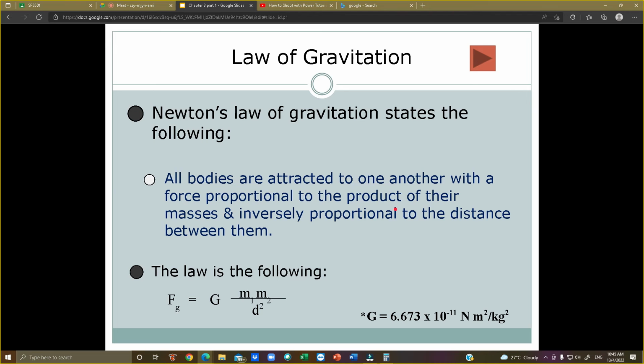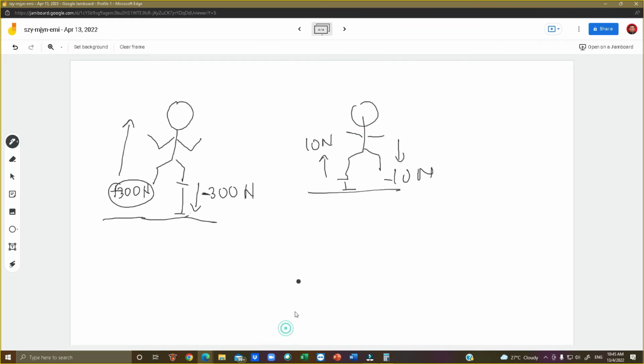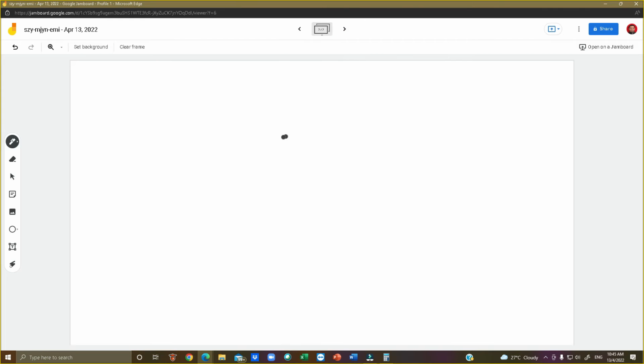Okay, the last one is law of gravitation. Okay, law of gravitation ni, to make things simple for law of gravitation, it is something like this. Newton said that every body is attracted to one another.